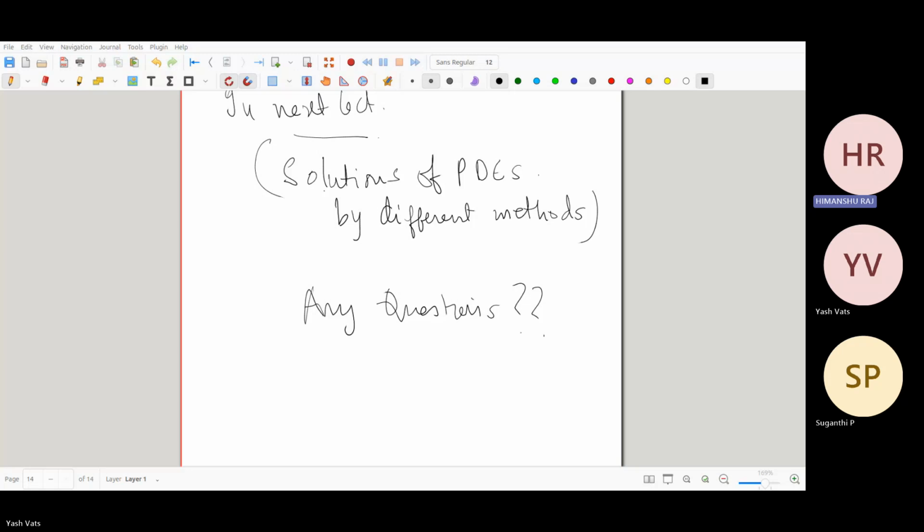Okay, so where will I get the email ID? Yeah, I'm just writing. Can you see the chat box? Can you see the email ID I've written in the chat box?